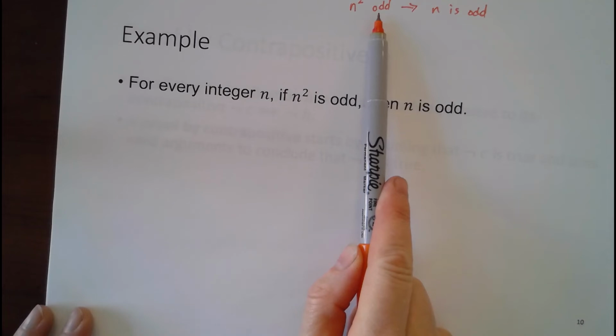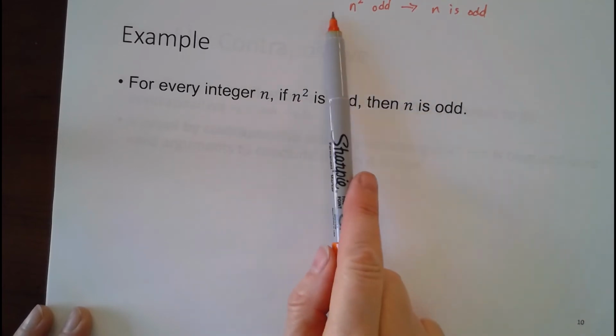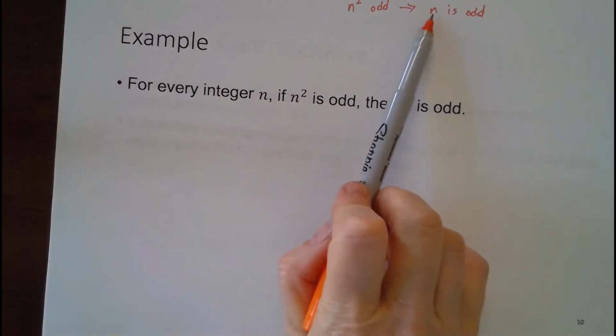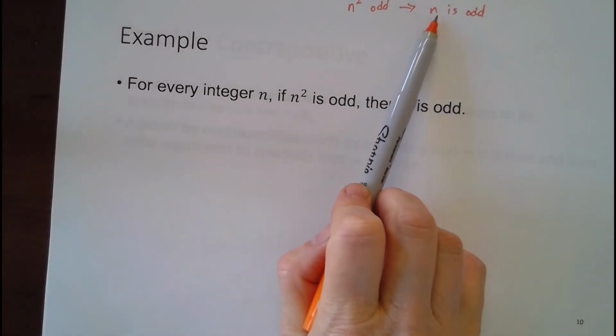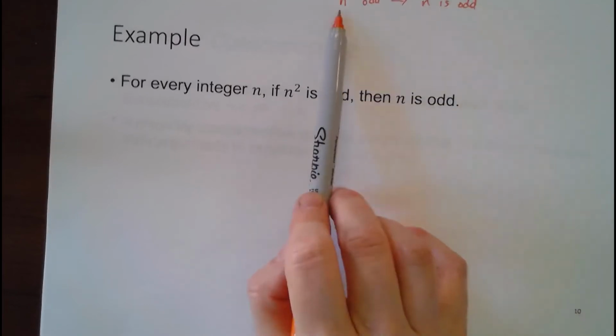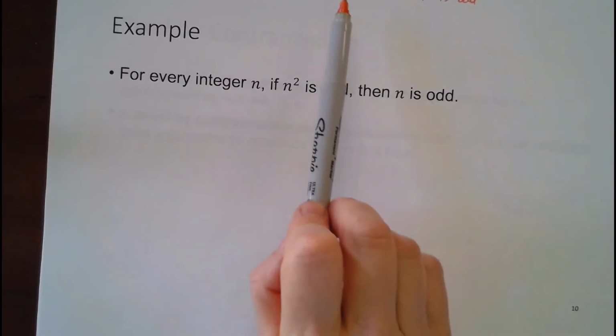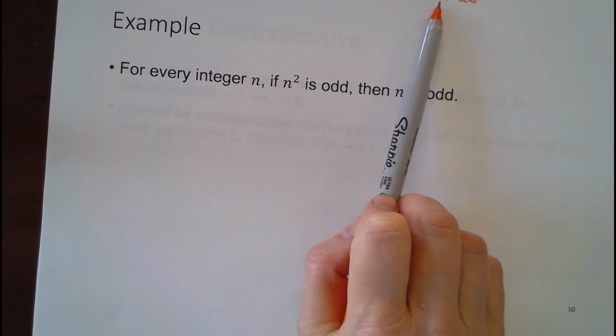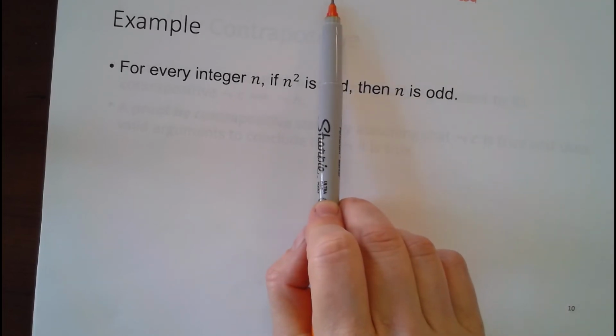Well, if I have n times n, what do I know about whether n is odd or even? Trying to make an argument about whether n is odd or even is very difficult from n squared. But if I knew the parity of n, if I knew it was odd or even, it would be pretty easy for me to say something about n squared. So going from n squared to n is difficult, but if I already know something about n, concluding something about n squared is a lot easier.